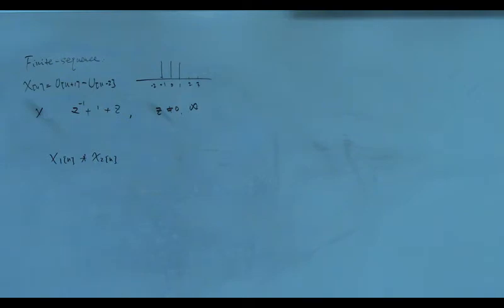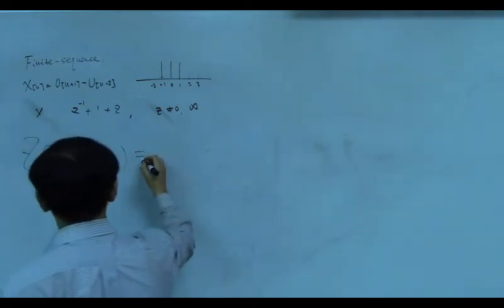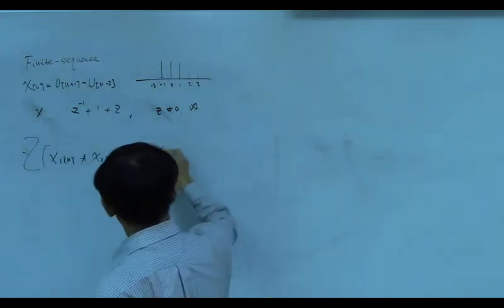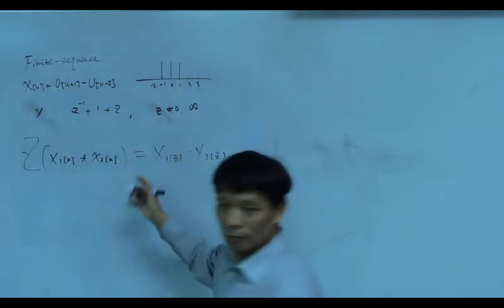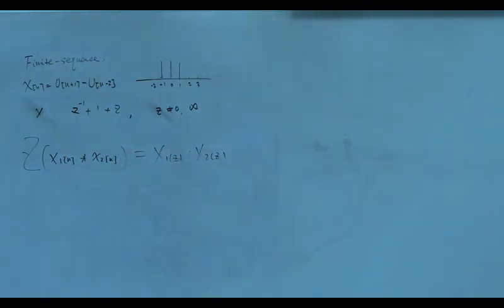But after we discuss the Z transform, we have another way to do this. For the Z transform, the convolution will be X1(z) times X2(z). See, we don't need to do the convolution, we just do the multiplication.